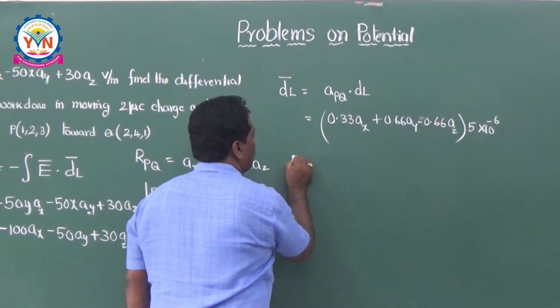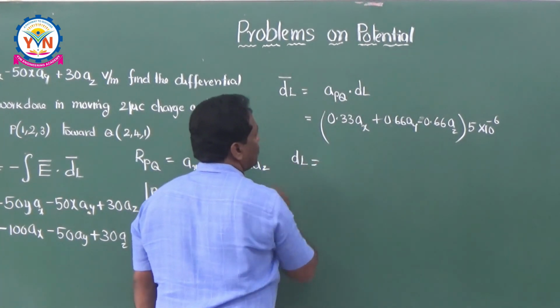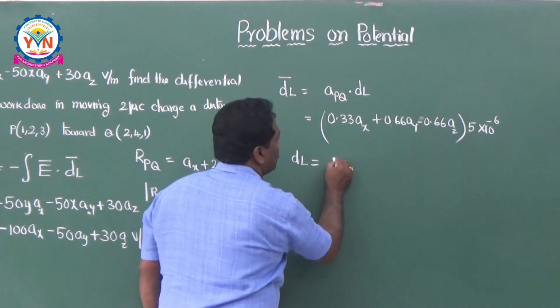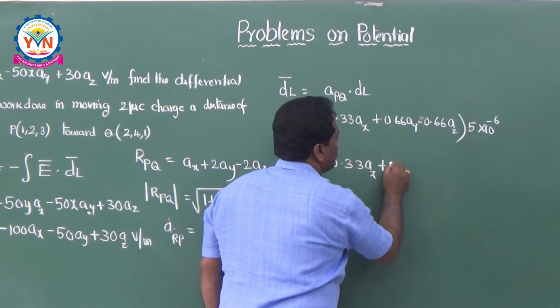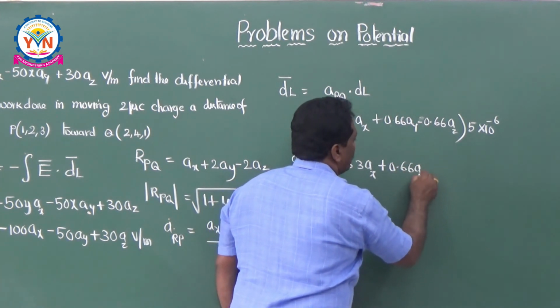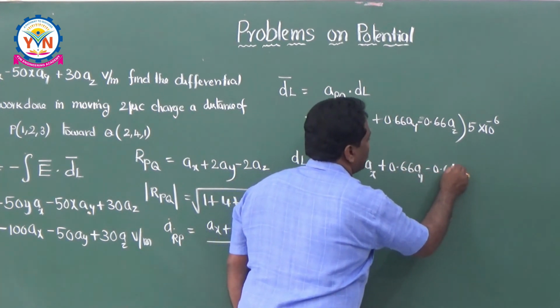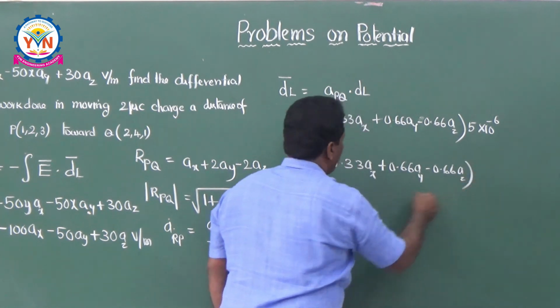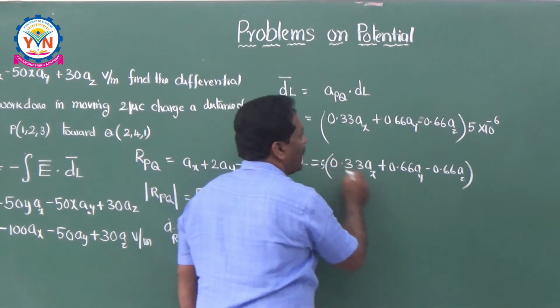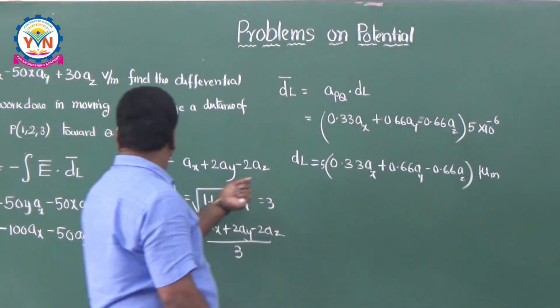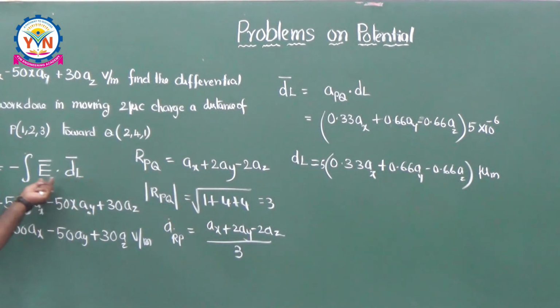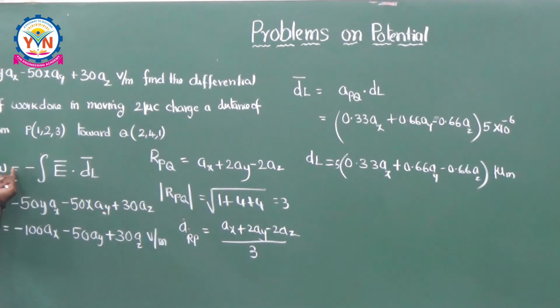Therefore, dl is equal to 0.33 AX plus 0.66 AY minus 0.66 AZ into 5 micrometers. So dl is given to you. So you know dl, you know electric field intensity. Just substitute here, you are going to get your work done.